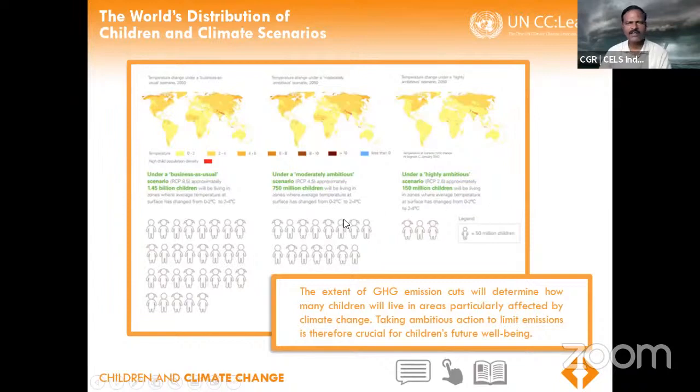There are different scenarios, but if we act and are ambitious, with all countries acting immediately and greenhouse gas emissions cut, then the number affected will be less, and that's a better scenario for the future of the children.